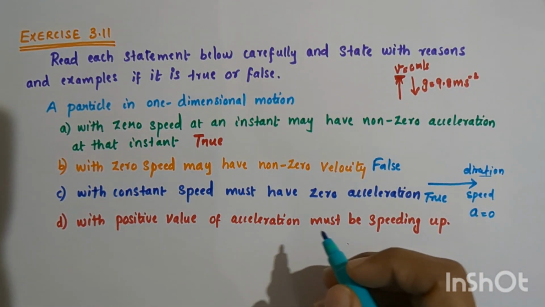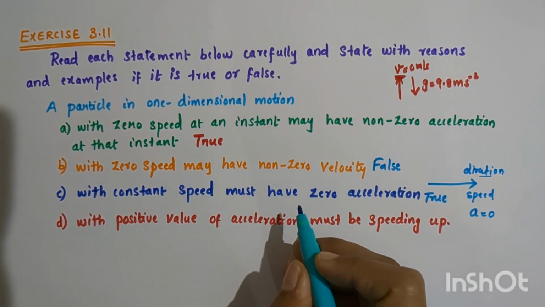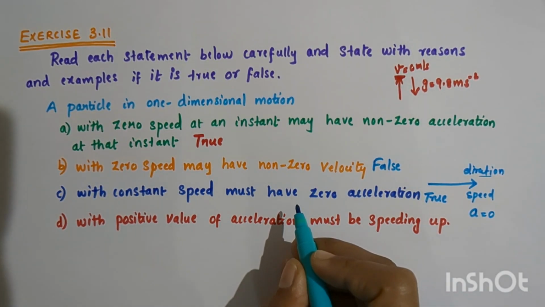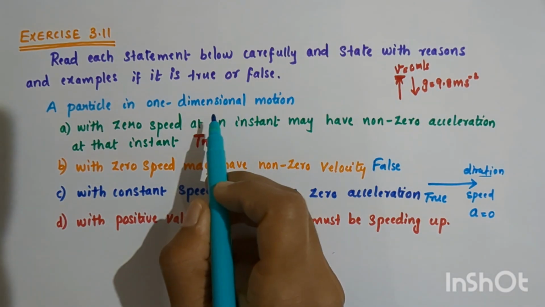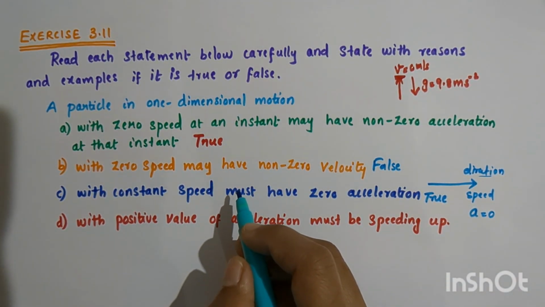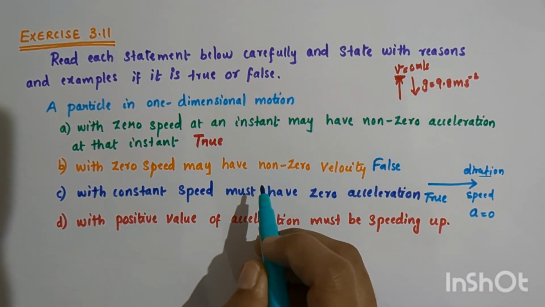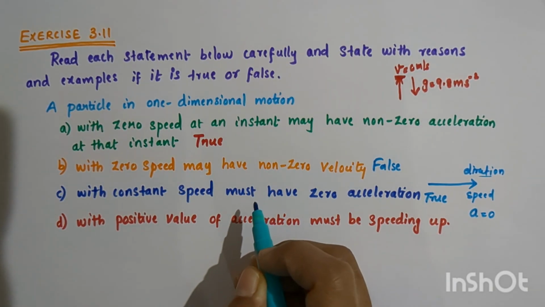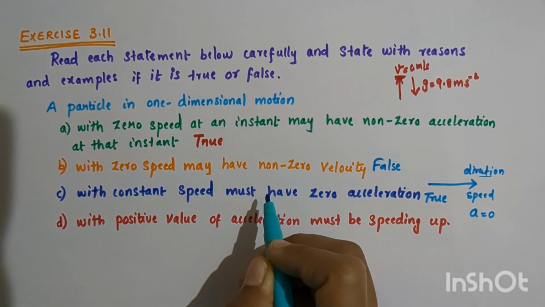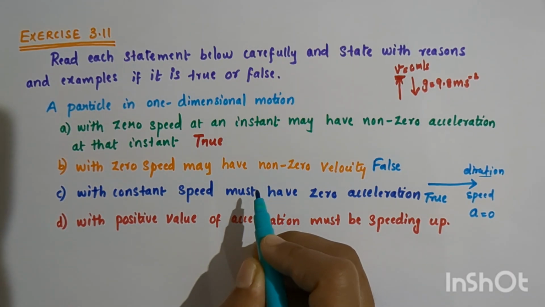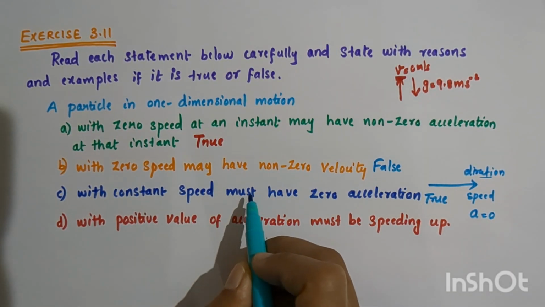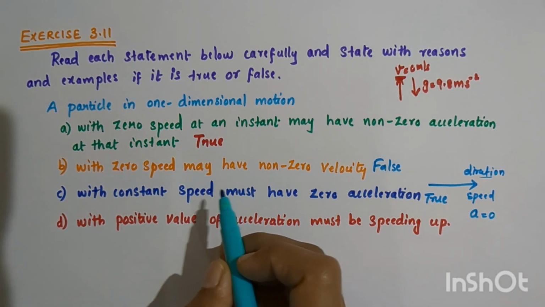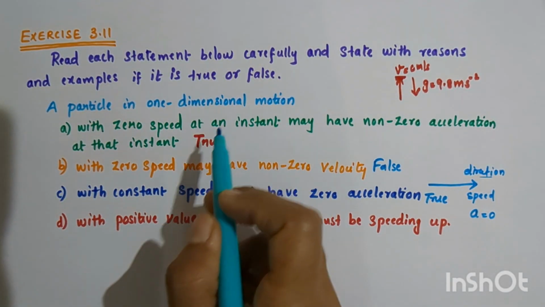That means this is a true statement. For example, consider a car moving on a straight highway with a constant speed. It is moving in a particular direction because it is in one-dimensional motion, so it will have a constant velocity. Acceleration is defined as the rate of change of velocity. Since there is no change in velocity in this case, acceleration of the car will be 0. It is true only if we consider a particle in one-dimensional motion.